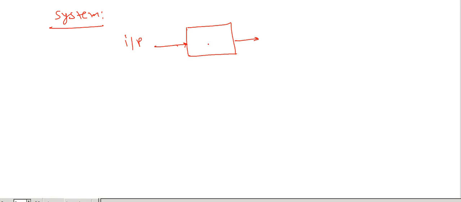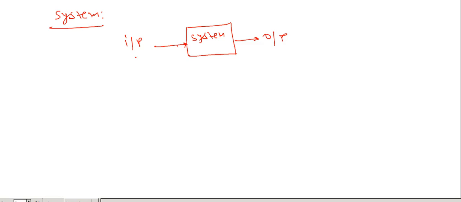Now next let us see what is a system. So a system is an entity which works on some input signal. It takes some input and produces some output.